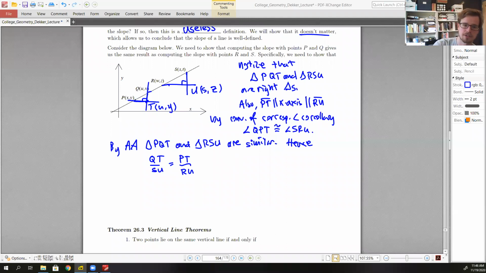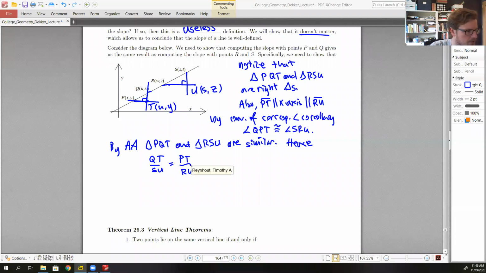So we observed by angle that these two triangles are similar to one another. Hence, we get that these proportions are the same. Okay, QT over SU is equal to PT over RU, okay? But if we multiply both sides by RU and SU, and then we go ahead and divide both sides, let's see.